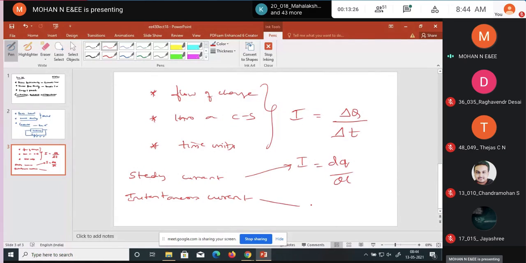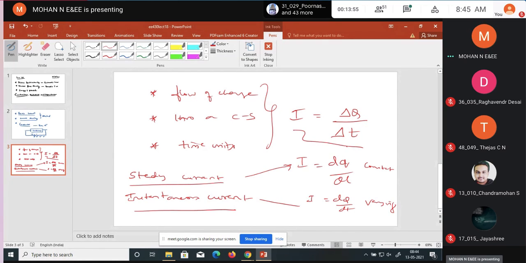If it is continuously varying with time, then you can find the instantaneous current as time tends to zero. So this is your steady current, instantaneous current, and the definition of the electric current.